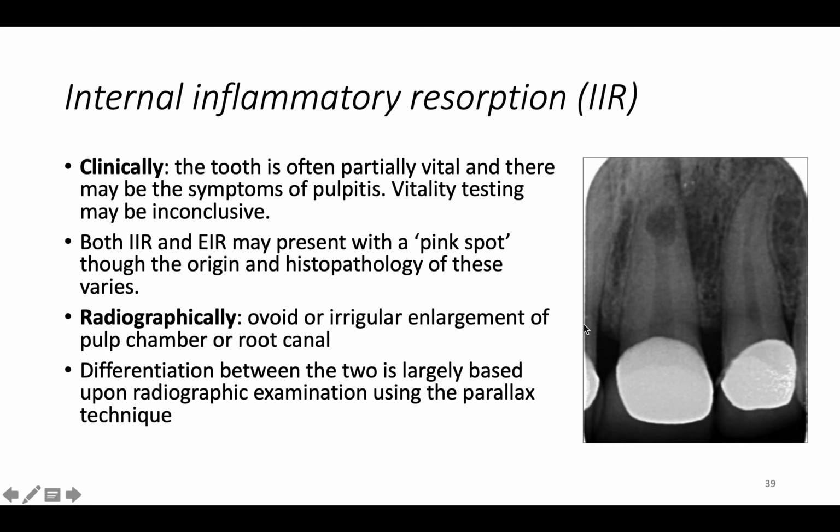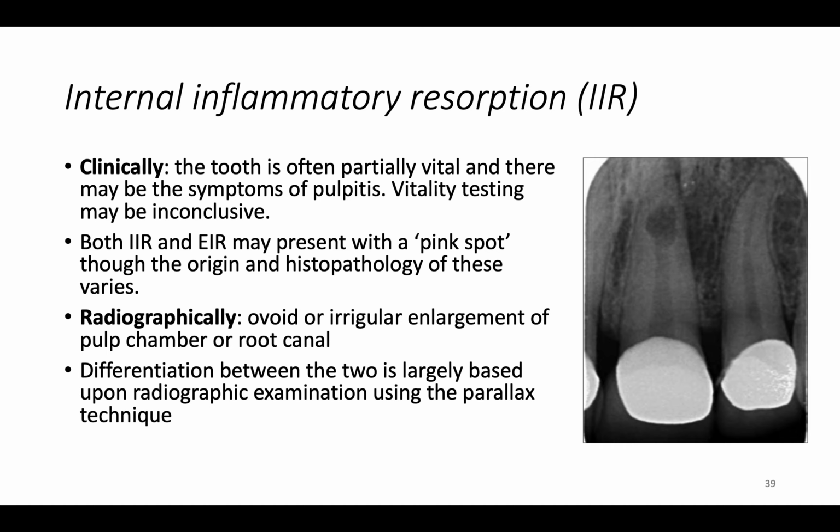If you take an angled radiograph, or radiographs from different angles, you will see that the resorptive defect is centered within the root canal. While if it was an external inflammatory resorptive defect, let's say for example on the palatal side of the root, if you take another angled radiograph, you'll see that the radiolucency is moving with you, okay?